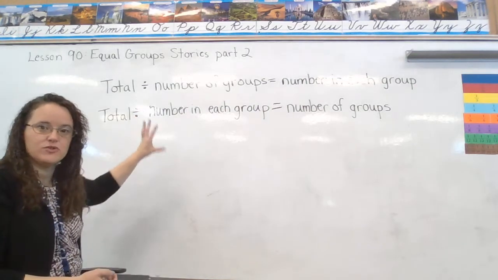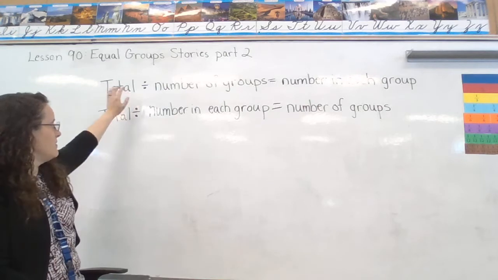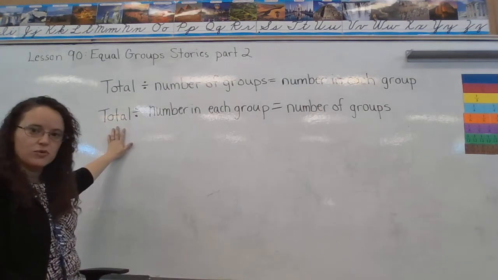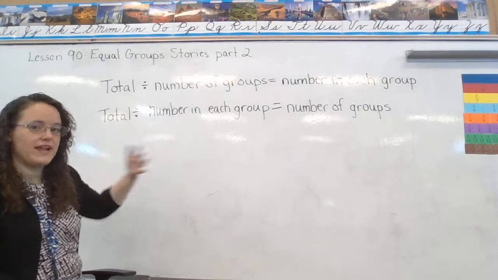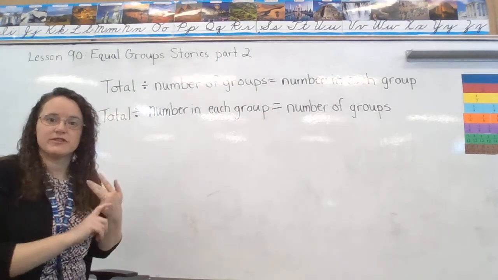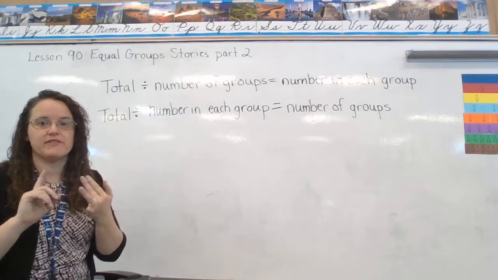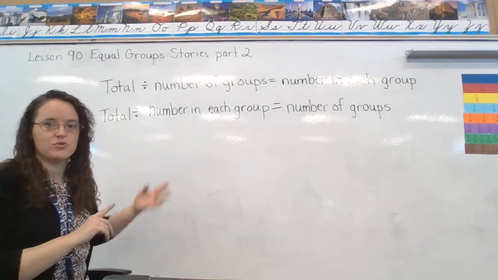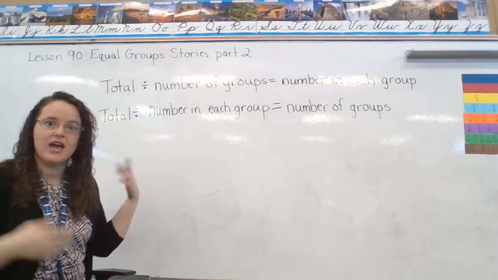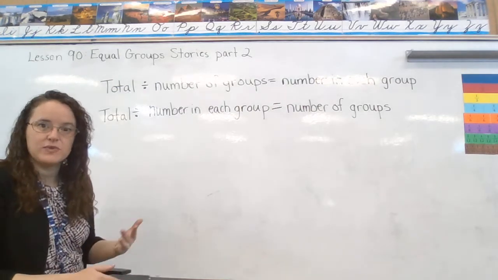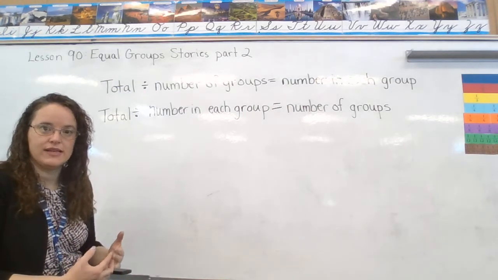So I've got those two ways written up here on the board. Both of them start with the total. So we're going to take the total number of whatever it is we're talking about, total number of students, total number of trees or apples or desks or whatever that may be, our total. How many do we have in all?